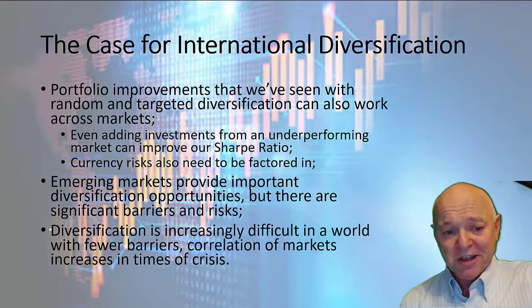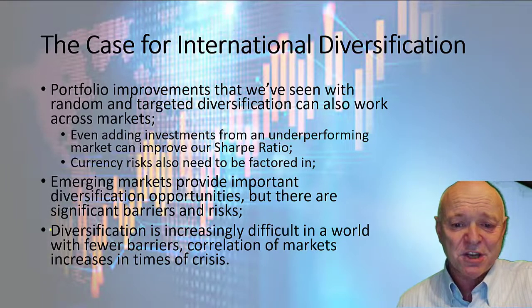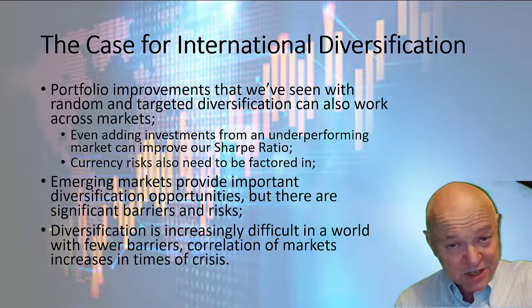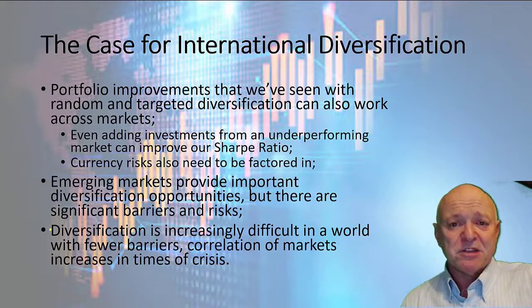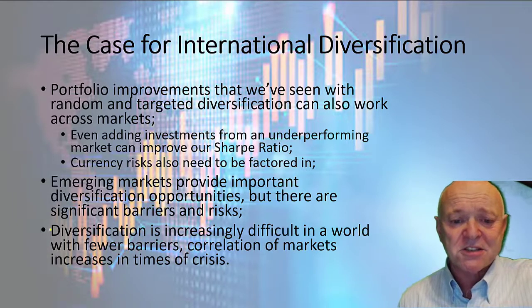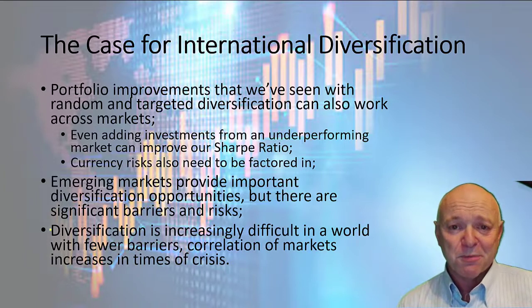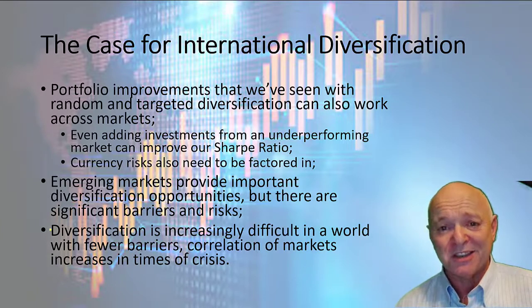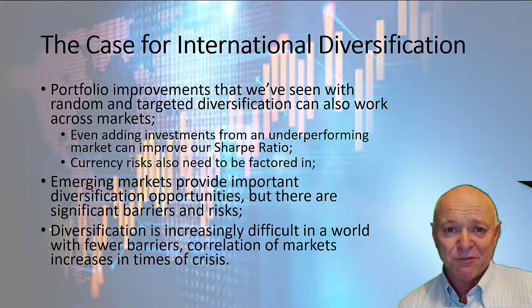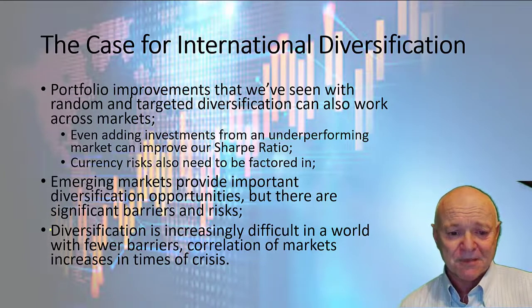Some of the reasons why we still like international diversification: Markowitz's big idea about the benefits of diversification works better across markets. The more markets, the better we're going to do. So even going into an underperforming market can improve our Sharpe ratio by decreasing the level of the standard deviation because of correlation difference.